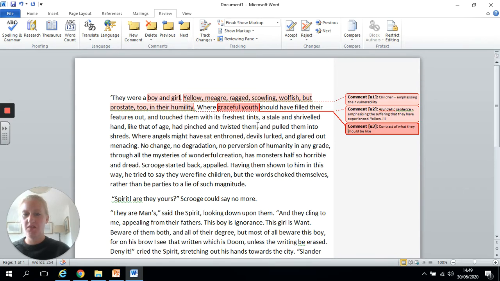But we've got this violent imagery. Instead, they've been pinched and twisted.